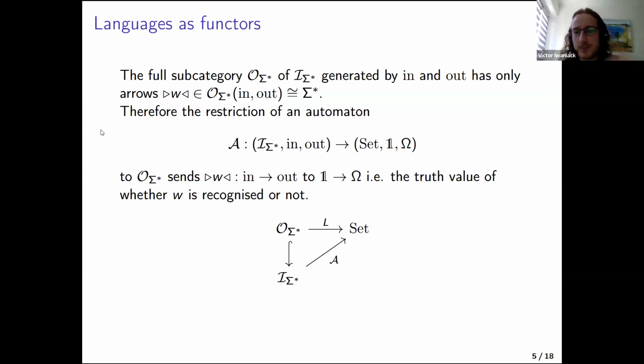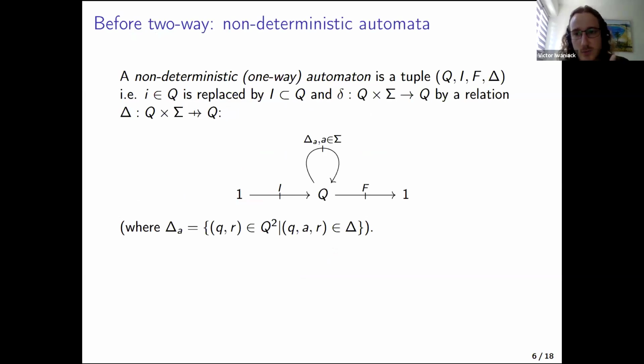Okay, so this was the very basic beginning of this functorial representation. I just want to add one little thing: I talked about deterministic automata, but we can relax this constraint to get non-deterministic automata.